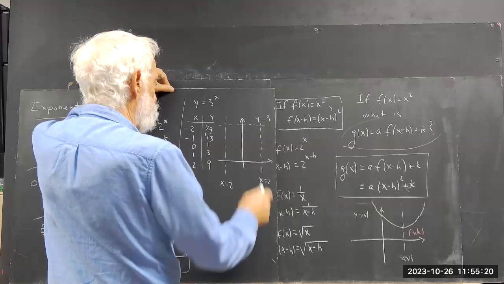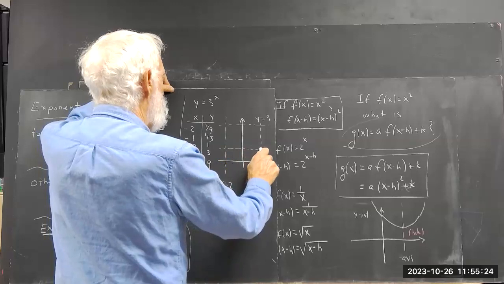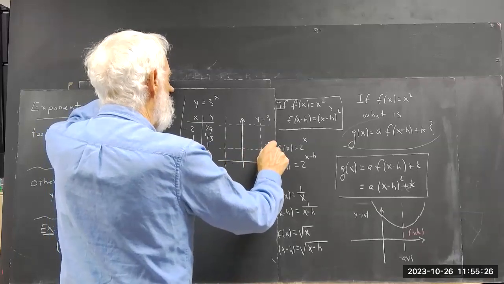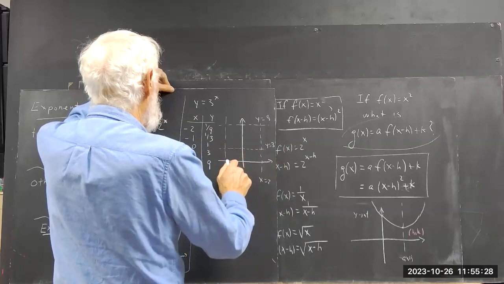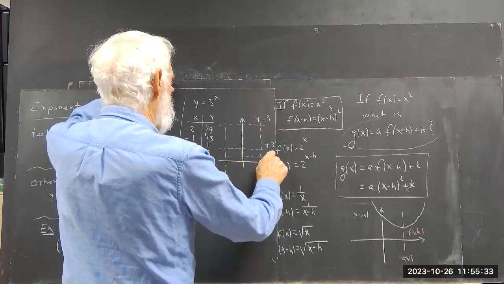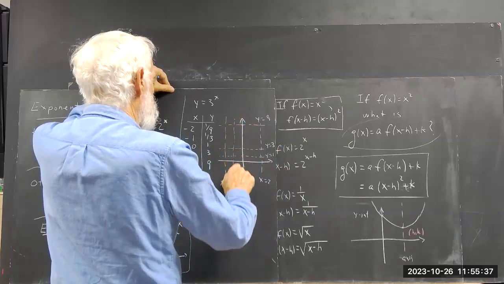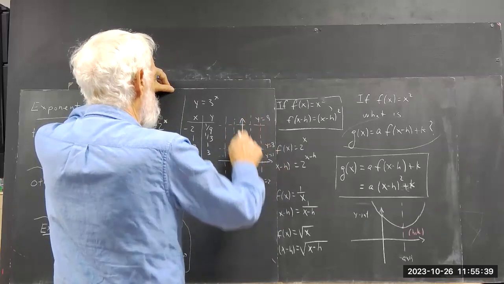And if y is 9 here, then y equals 3 might be about here, and y equals 1 about here. And then, of course, x equals negative 1 here, x equals 1 here.